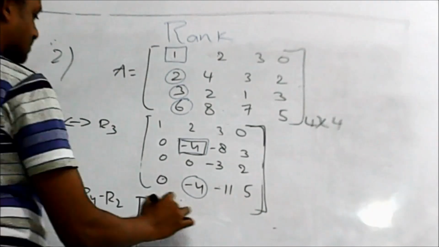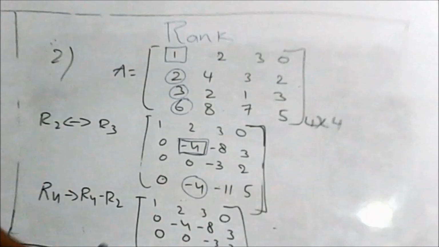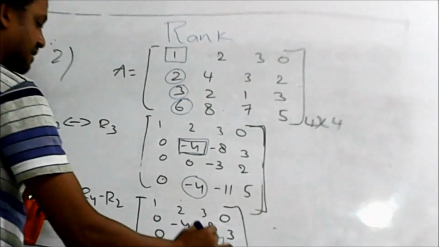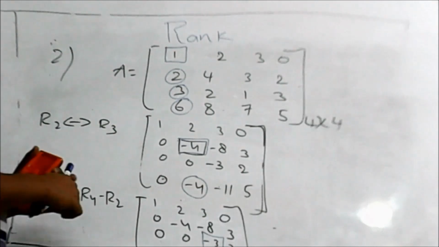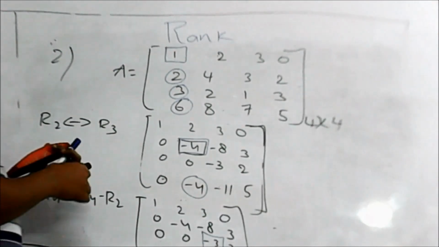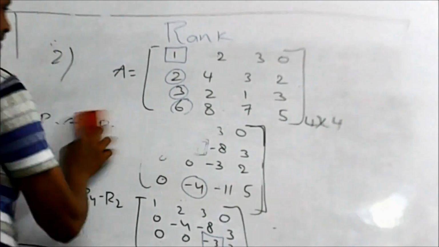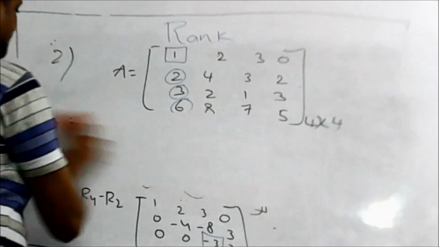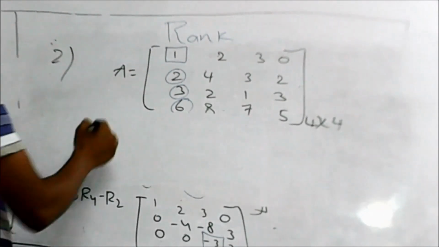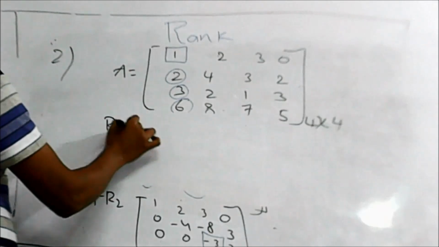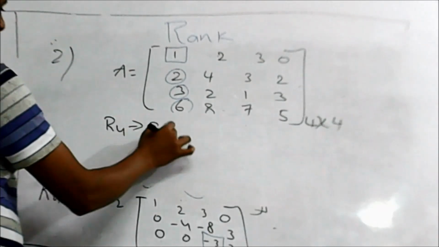So 1, 2, 3. Next step, we need to select the third diagonal and make it 0. So what is that operation? Here only I am writing. R4 is R4 minus R3.